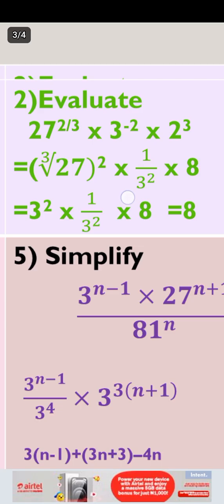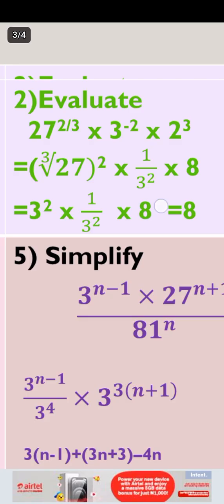Now we go. The fraction has the denominator and the numerator. The denominator assumes the root of 27 raised to the power 2, which is the numerator, times 1 over 3 raised to the power 2.